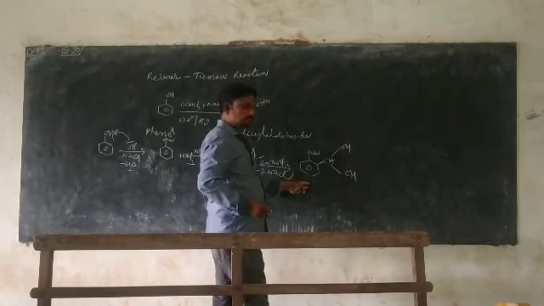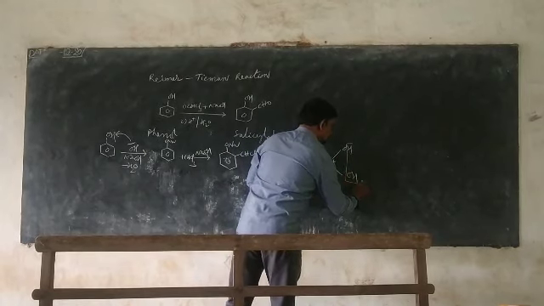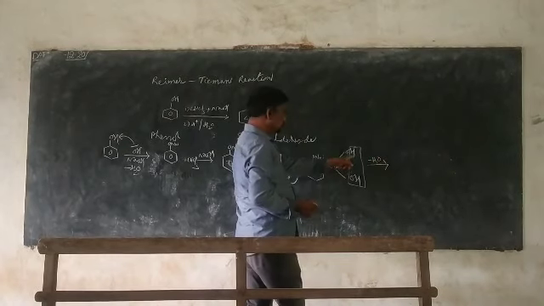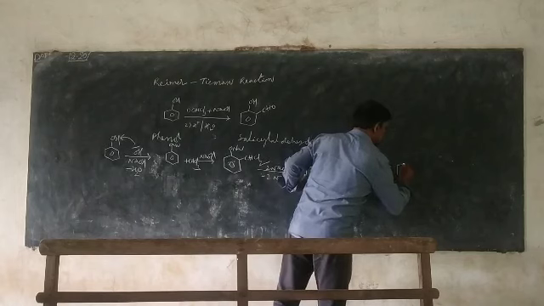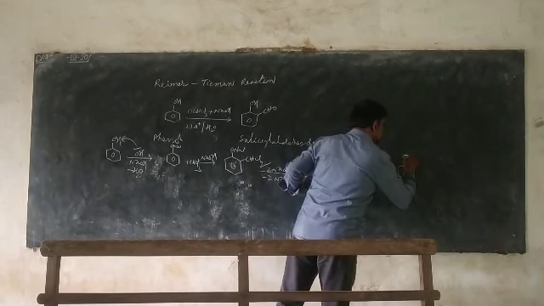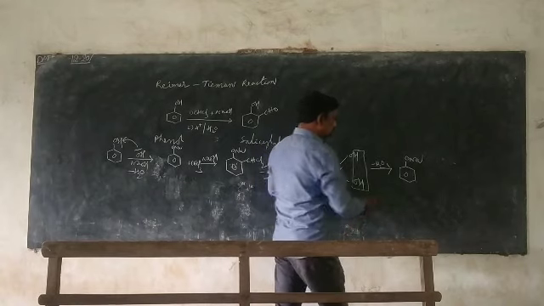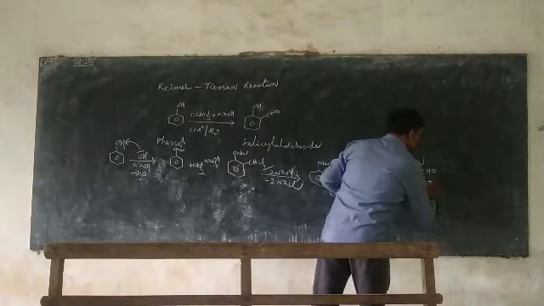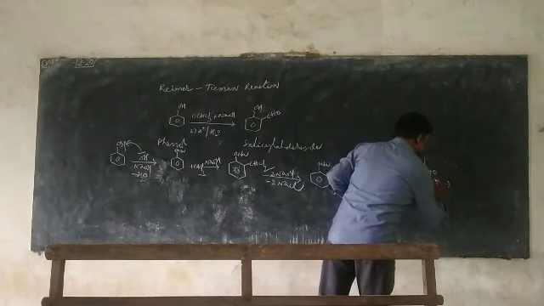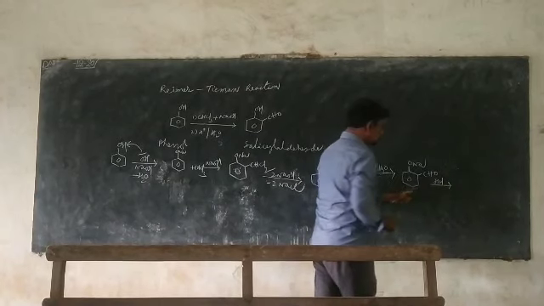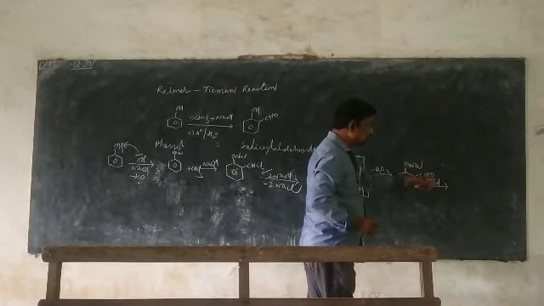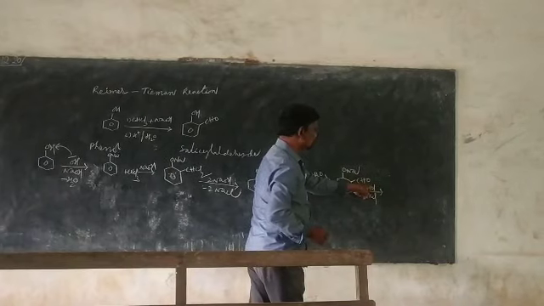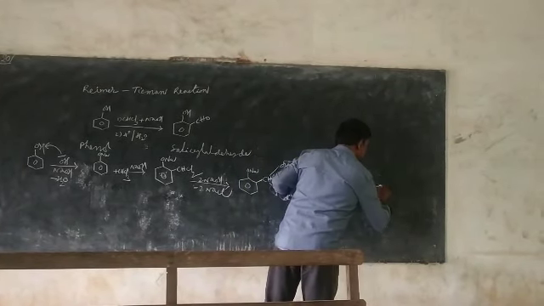This is unstable, so H2O is eliminated, minus H2O, with formation of CHO at the ortho position, followed by acidification. In acidification, NaCl is eliminated, and a proton is connected here.